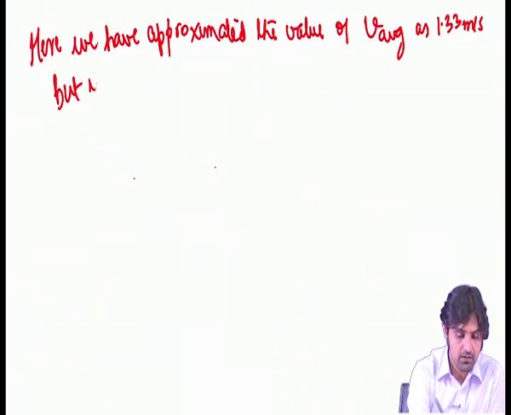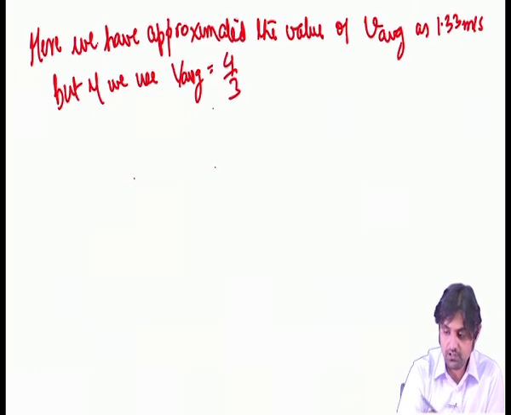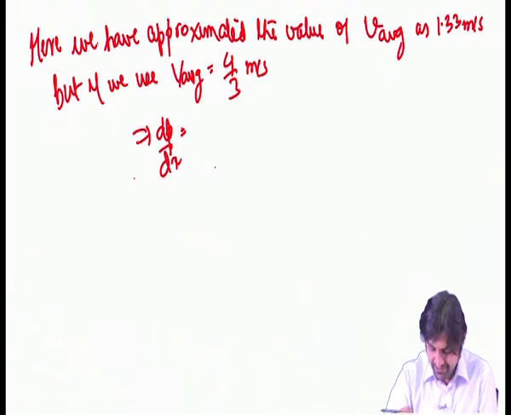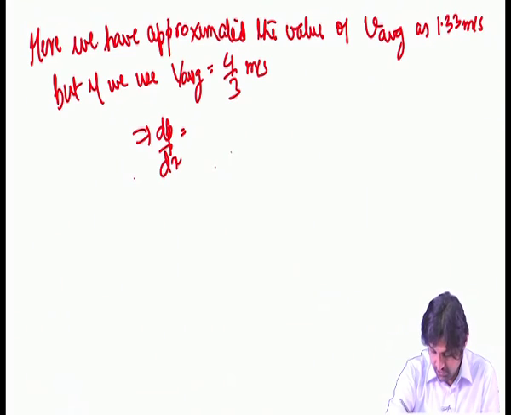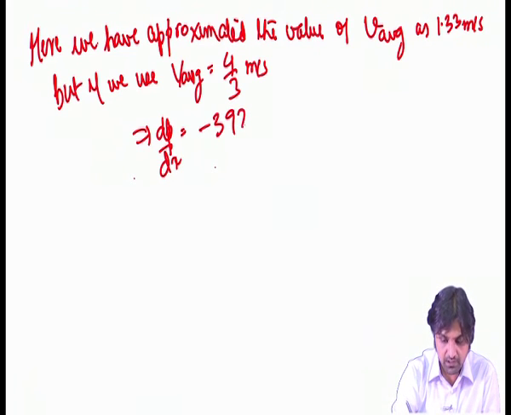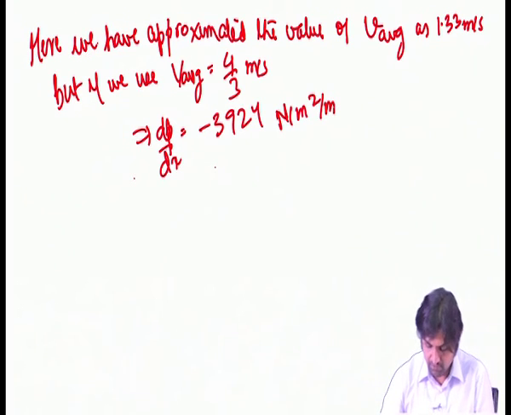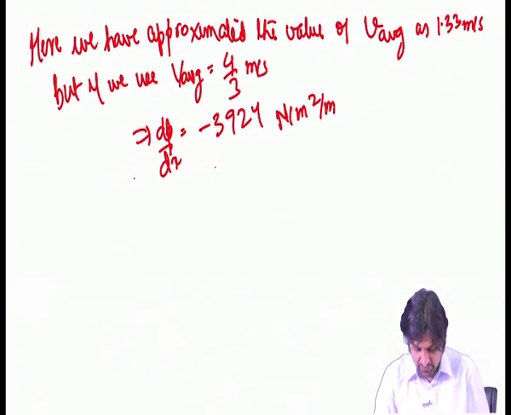But if we use V average is equal to 4 by 3, which is 1.33 meters per second, we can get, I am just trying to show there will be slight difference, of course not that much, but it will be minus 3924 Newton per meter square per meter. Almost not very different.